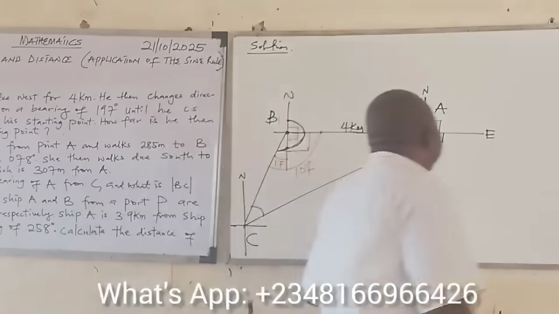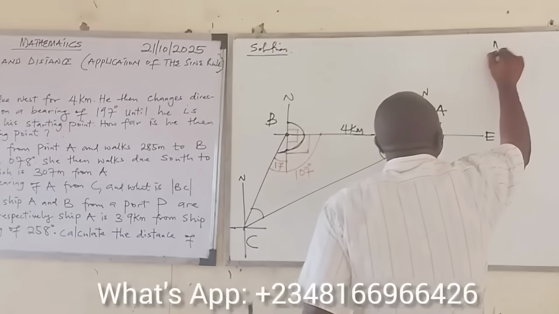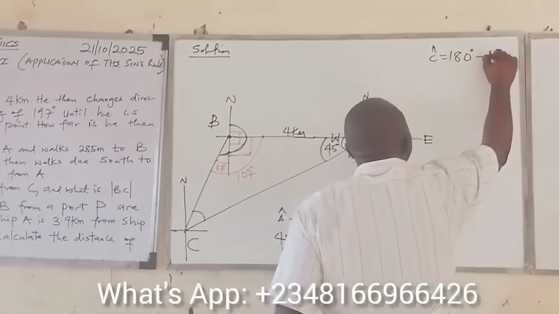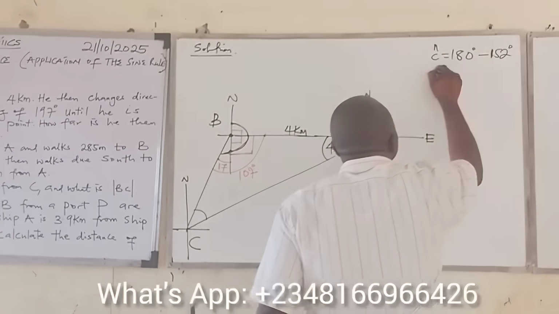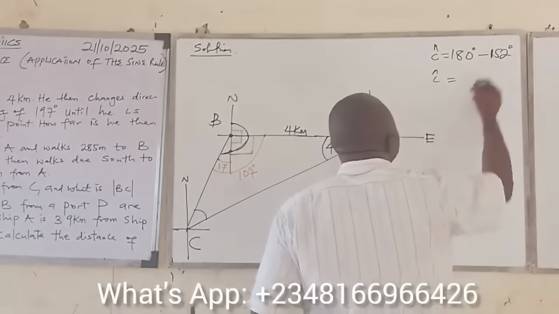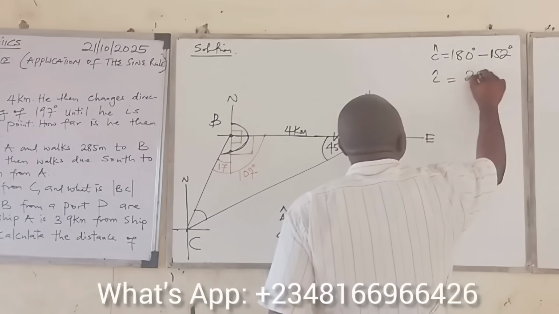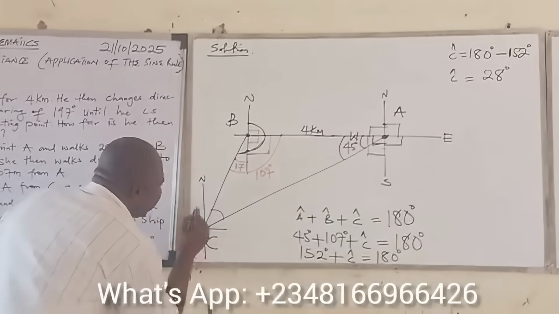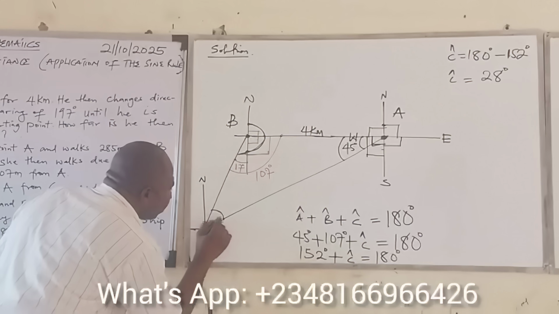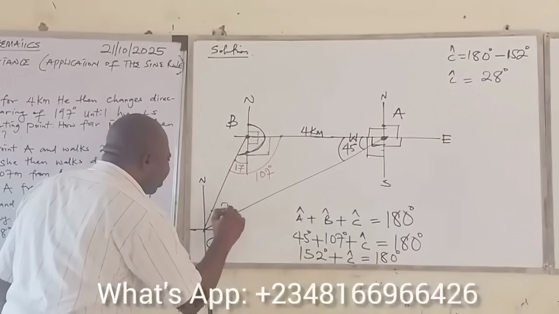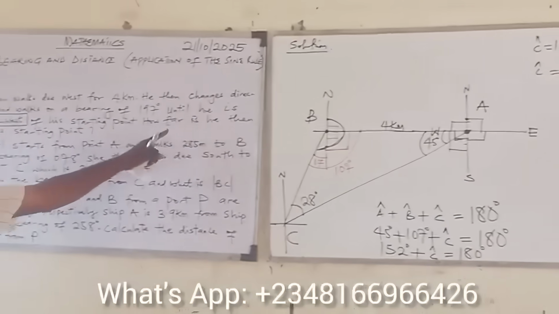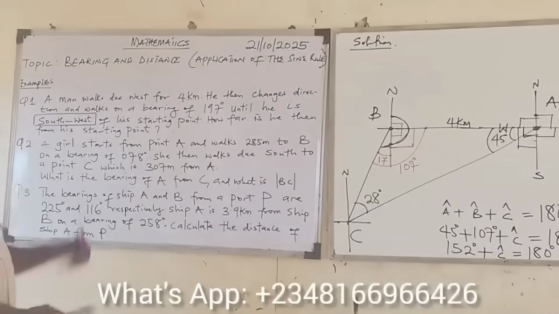So angle C is 180 degrees minus 152 degrees, which gives us 28 degrees. So this angle from this point to this point is 28 degrees. Now here they are asking us to find how far is he then from his starting point?